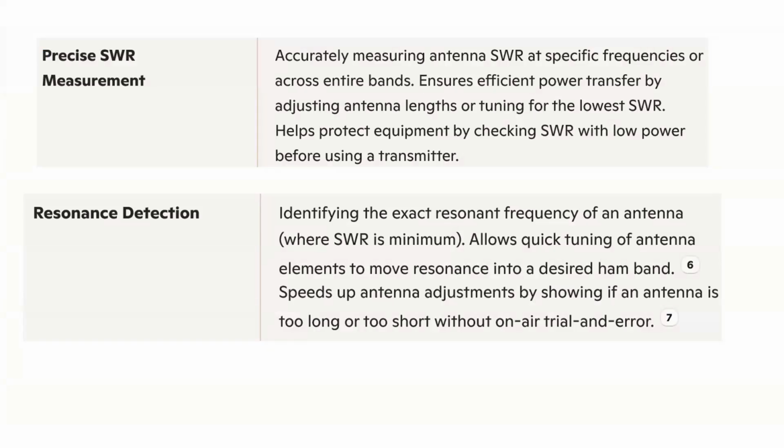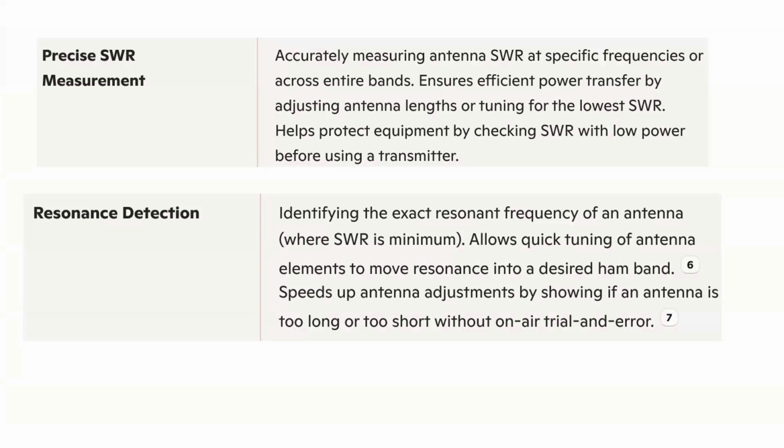Okay. Well, when your rig shows an SWR, it's just at the frequency where your VFO on the rig is. But an antenna analyzer can sweep frequencies across the spectrum or for a particular band and give you a graph of the SWR.